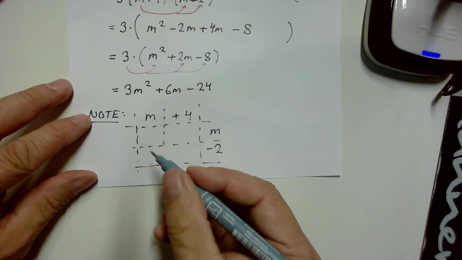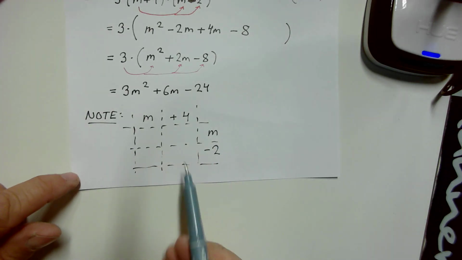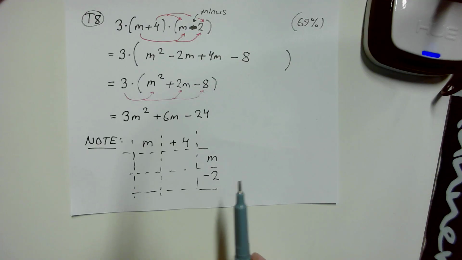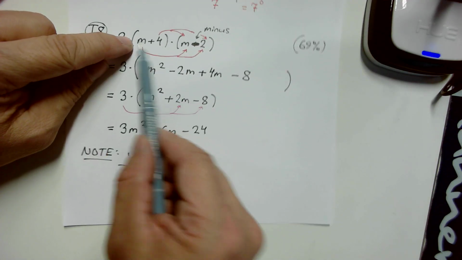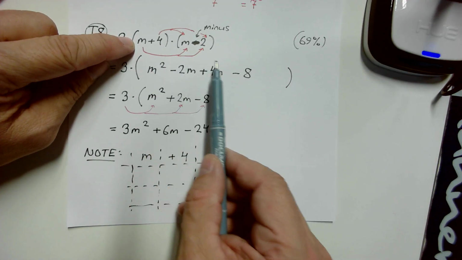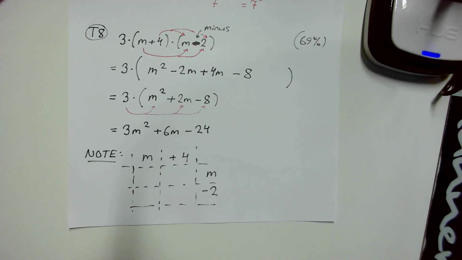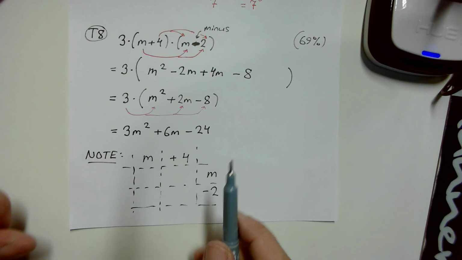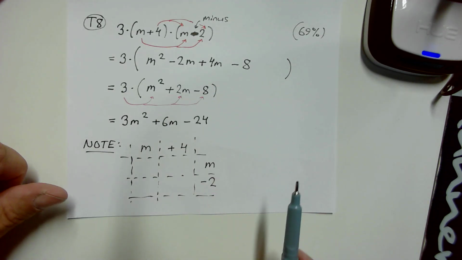And with the help of this table, it is easier to remember to do every multiplication. In this method, you have to be careful that you remember to do everything and not do something twice. Only once, but you need to do everything at least one time.